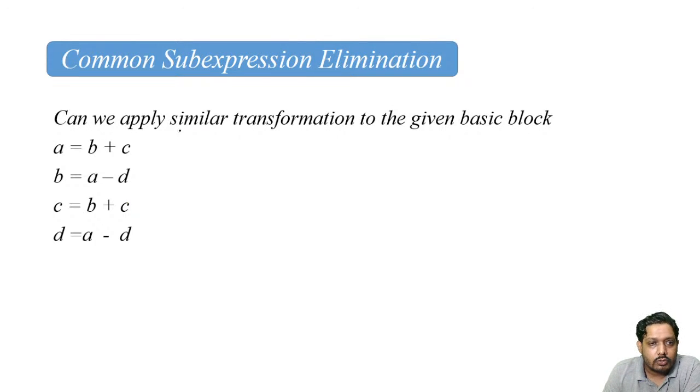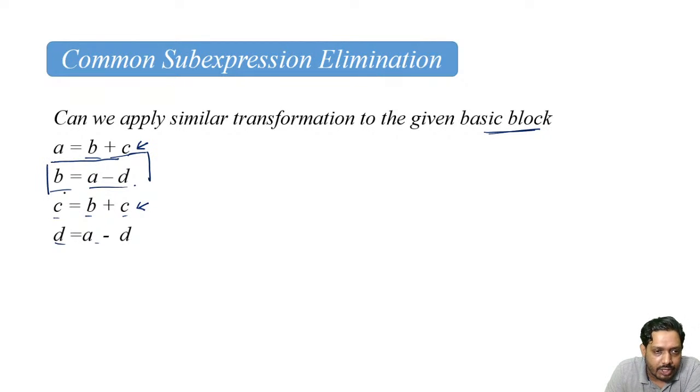Similarly, can we apply the same transformation to this basic block? A is equal to B plus C, B is equal to A minus D, C is equal to B plus C, and D is equal to A minus D. The idea is that there is a B plus C here and a B plus C there, but in between the B value is changing.